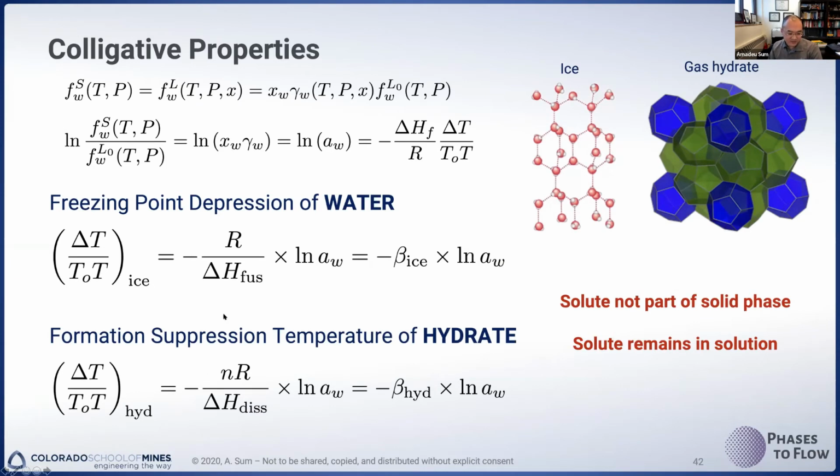And so I'm giving you here the two ways of expressing this suppression or depression for water and for hydrates, right? They have the exact same form. And the water activity here is exactly the same, right?